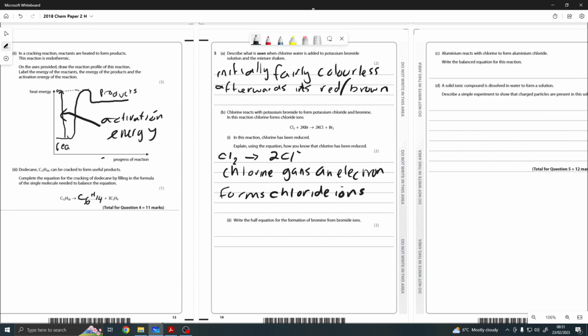Now be careful with calling this chlorine and those are chloride. Okay, again, be careful with your language here. Do not call it a chlorine ion.